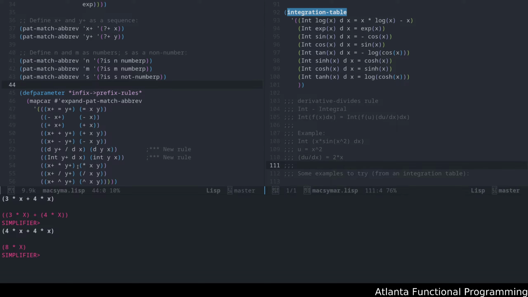Which means then applying this rule is just substituting into the equation what we just computed, right?